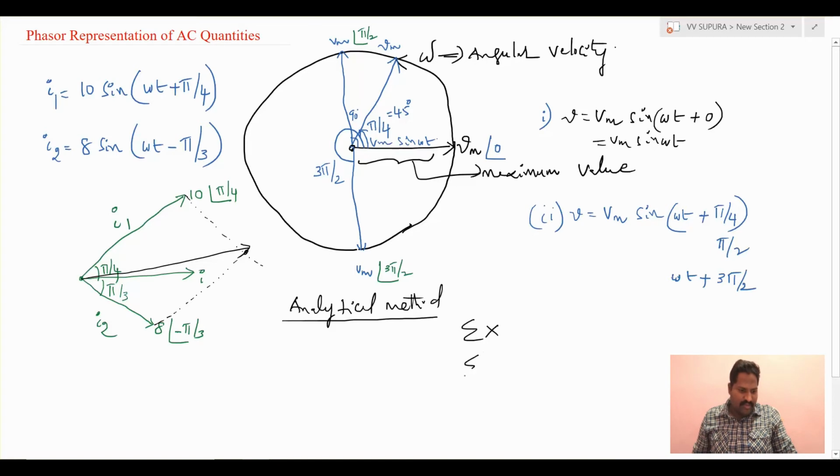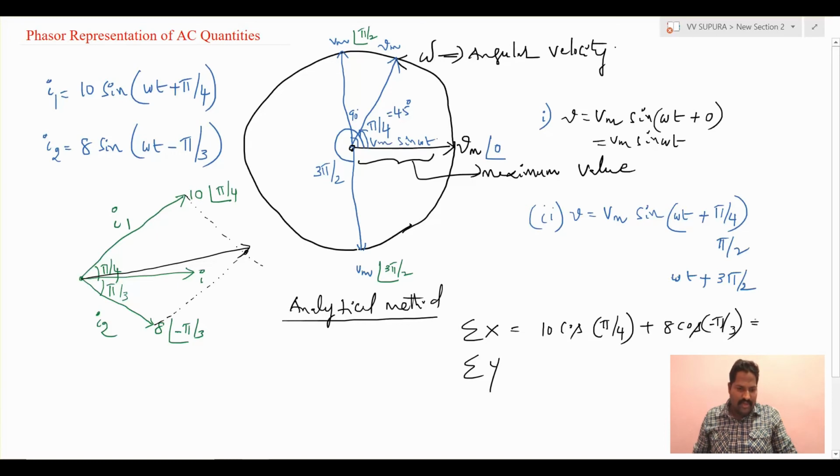Coming to the sum of the x components, for I1 it is 10 cos pi by 4, plus for the second waveform 8 cos of minus pi by 3.